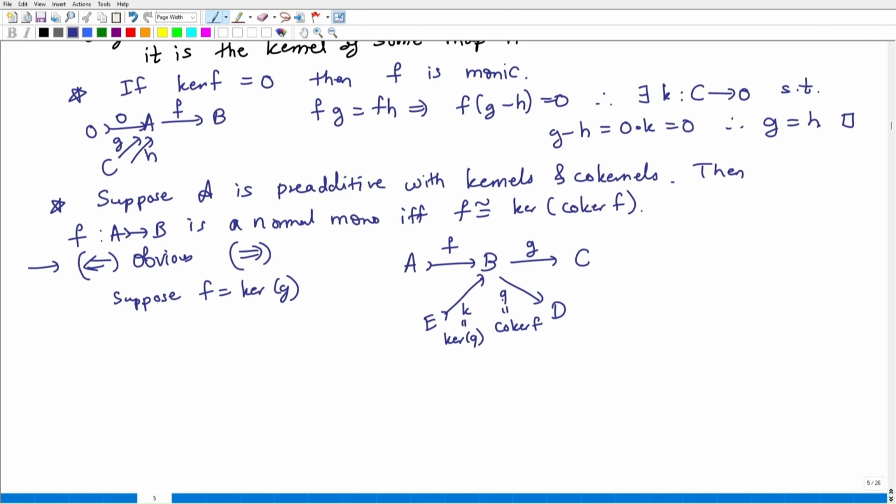What does that mean? GF is equal to 0. It means that G factors through Q. It has to factor through the co-kernel of F, which means there is a morphism over here.